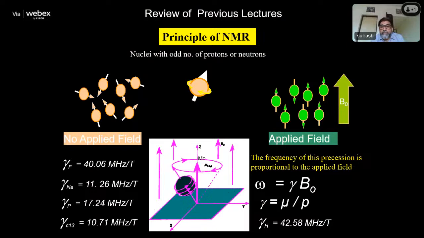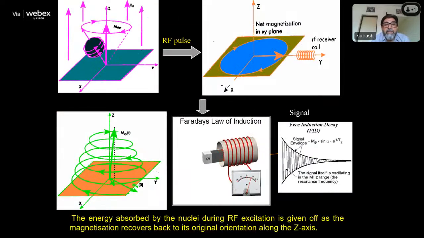We also discussed that this resonance frequency is directly proportional to the applied field, and the resonance frequency for various nuclei of biological interest, starting from hydrogen, fluorine, sodium, phosphorus, and carbon-13. And then we discussed how you can apply radio frequency energy to this system and acquire a signal through electromagnetic laws of induction. You get a time varying signal, which is called free induction decay.